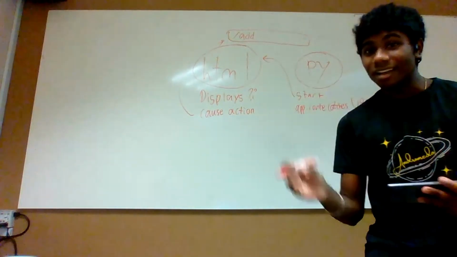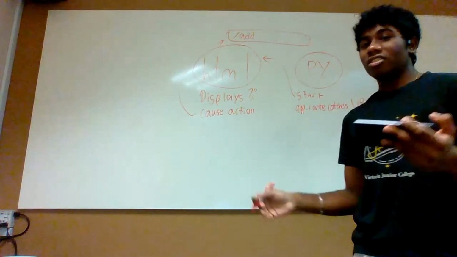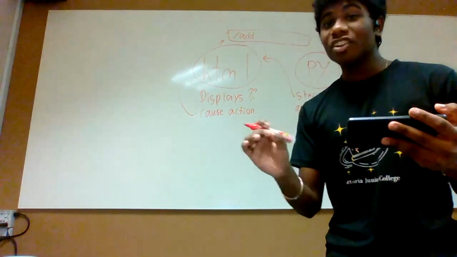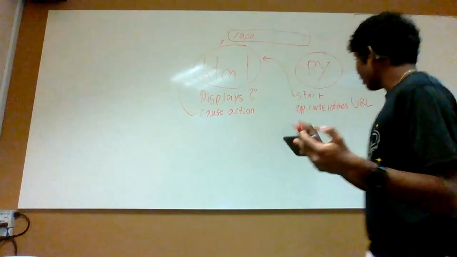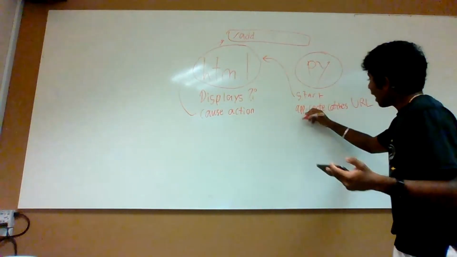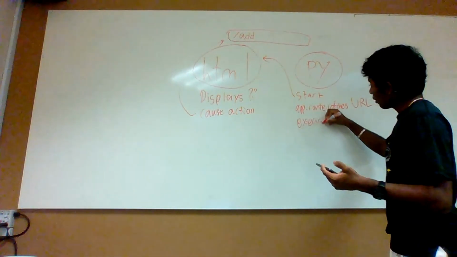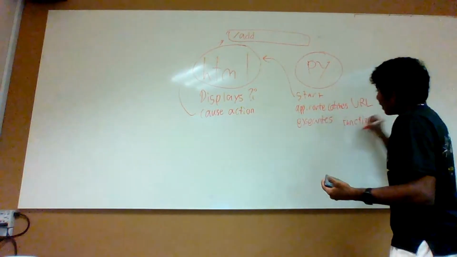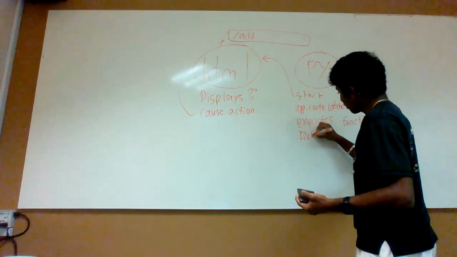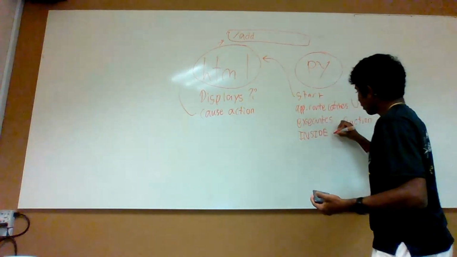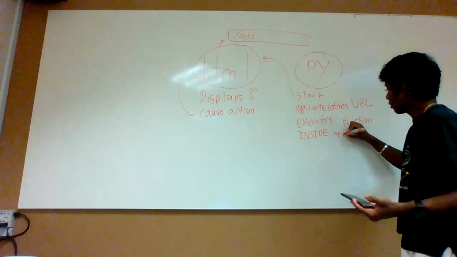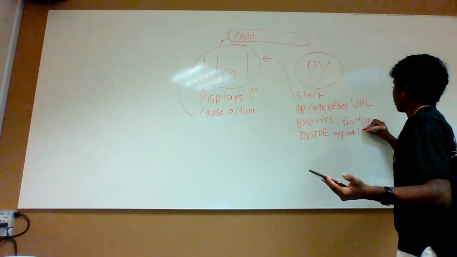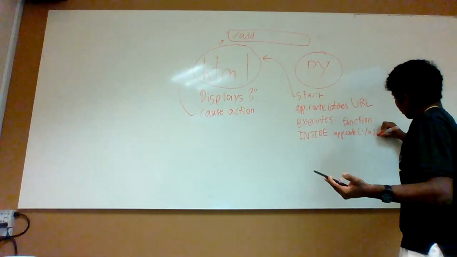So it conducts its own function, which is like def add or whatever, the function that allows you to add stuff. So in this case, Python then executes the function inside app.route of, I don't know, like slash add.